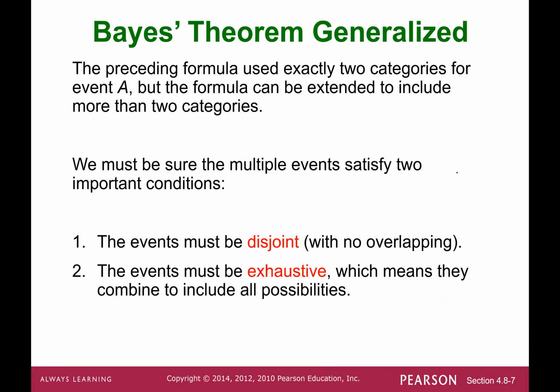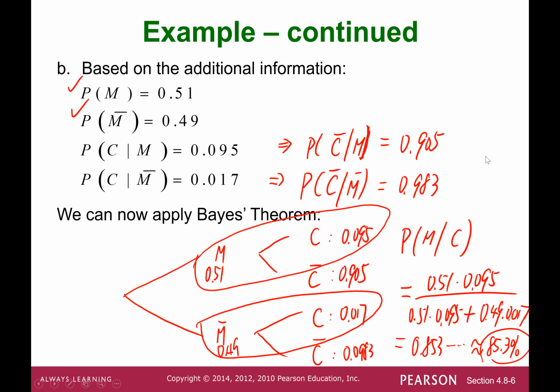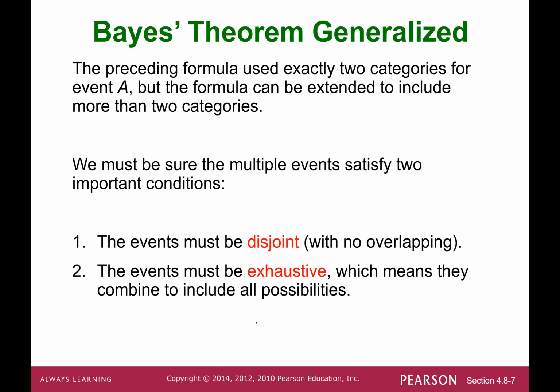Now, Bayes' theorem generalized. The preceding formula uses exactly two categories for event A. So two categories for event A, right? Smoking cigars, we have male and female. That's what we call two categories for event A. The formula can be extended to include more than two categories. That's also possible.